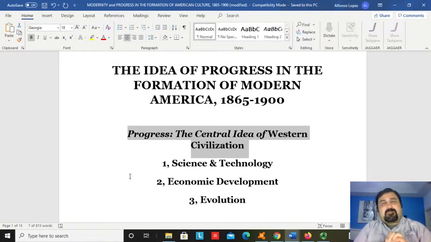And one of the main reasons why that happened was the Industrial Revolution. The Industrial Revolution was one of the key factors for the coming of modernity in Europe and North America, and also the idea of progress that came with it.